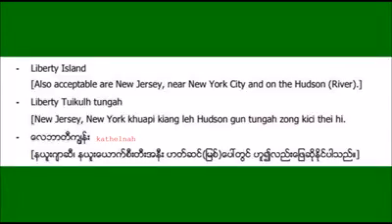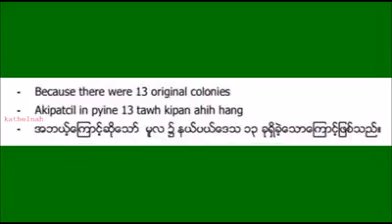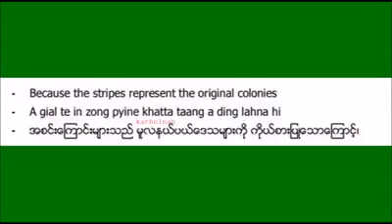Also acceptable are New Jersey, near New York City, and on the Hudson River. Why does the flag have 13 stripes? Because there were 13 original colonies. Because the stripes represent the original colonies.